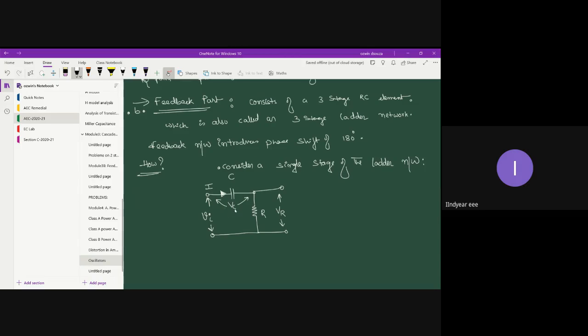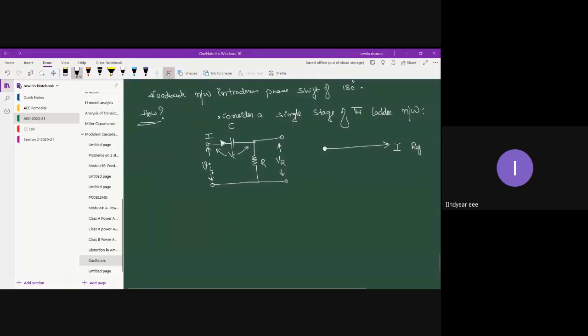Since it's an RC network, we can construct a phasor diagram. To construct the phasor diagram, I'll consider the circuit current I as the reference. Now basically you have three voltages, VI, VC, and VR. The vector sum of VC and VR should give you the input voltage VI.